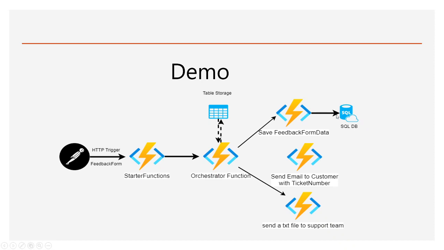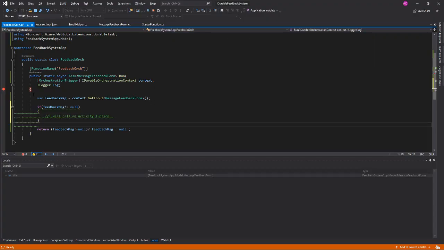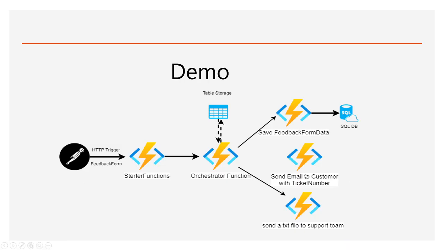Once it is stored inside the SQL storage, it will get back a feedback ID, and that feedback ID I have to store in this orchestrator function, so that it can be passed to the second activity function, that is send email to customer.